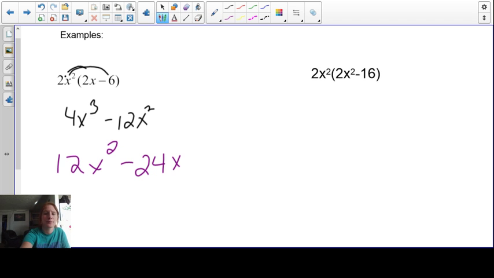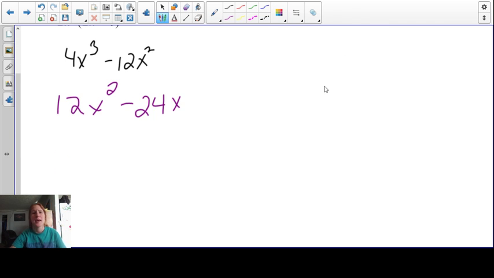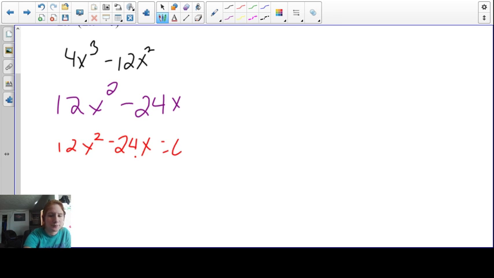Now my idea here is to set this equal to 0 and figure out where the slope is 0. So I have 12x squared minus 24x equals 0. I want to solve this. Typically I want to factor it because it's quadratic, however it's not going to give me two groups of factors, so I'm just going to factor out a 12x from both pieces.